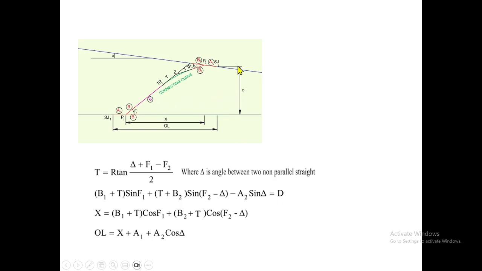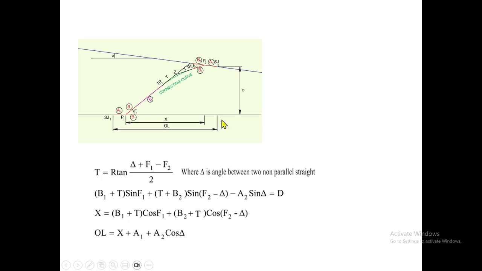Sometimes we want to find out the minimum D, how much minimum track center you must ensure here for performing this connection, so we can avoid this here, 0. So in this case you can put B1 plus T sine F1, we can come up to this point. Then here T plus B2 sine F2 minus D. That means just the same formula, we are making a sine formula.